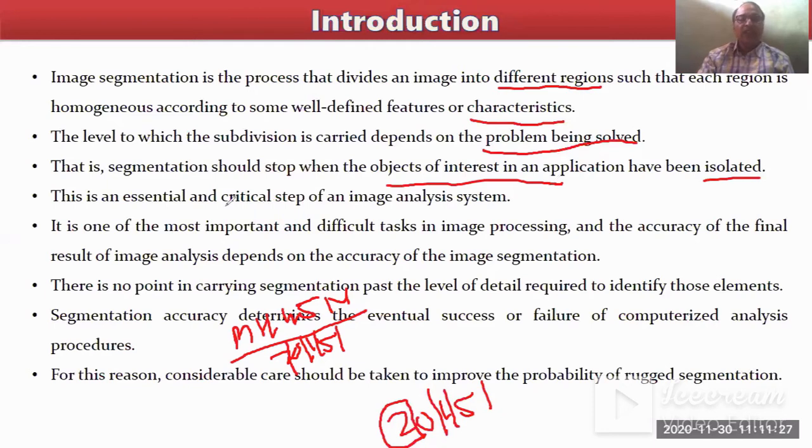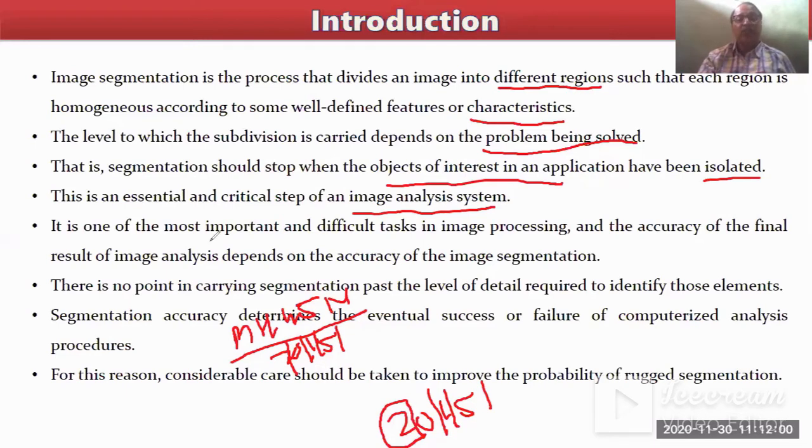This is an essential and crucial step in image analysis. It is a basic step. Basically 50% of the part, the enhancement, we have already done. But from this point, if we want to recognize or identify what the object is, such as the number on a number plate, we need segmentation. Without segmentation we cannot identify the number.